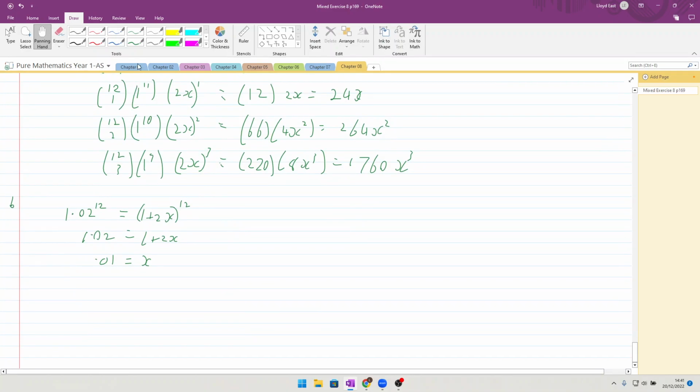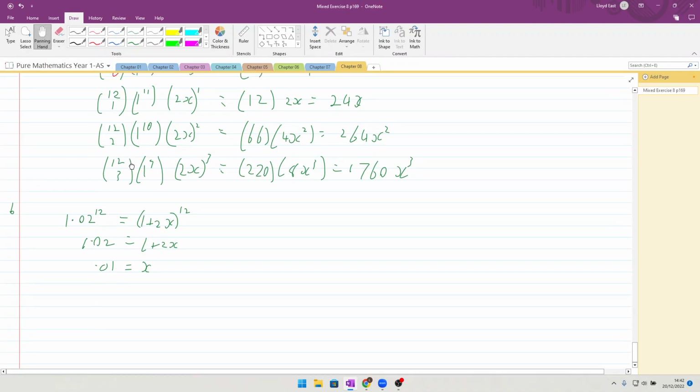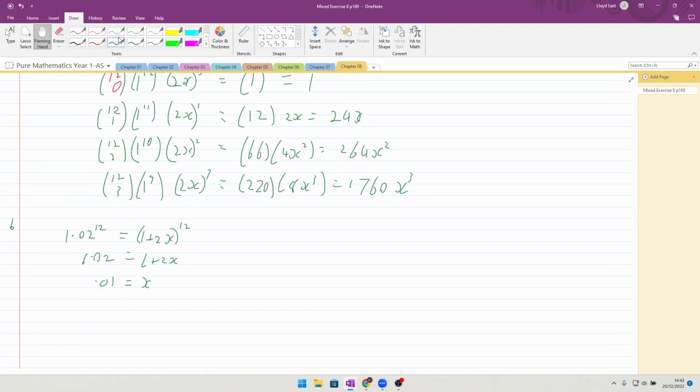So now that we've got that, we can quickly substitute it in here to the equation that we just did in part A. So we are going to have 1 plus 24 times 0.01 plus 264 times 0.01 squared plus 1760 times 0.01 cubed.